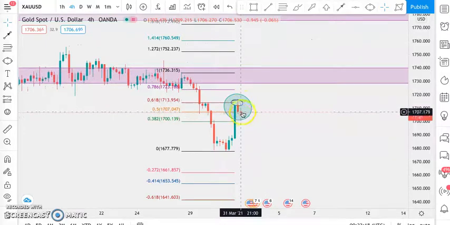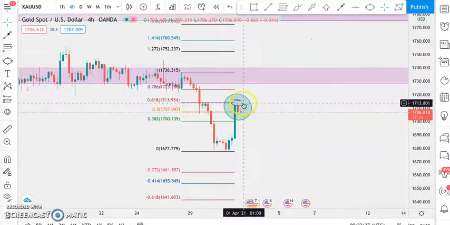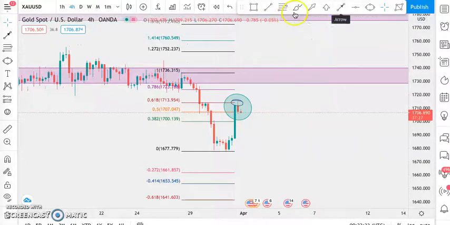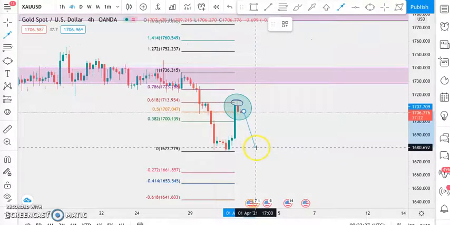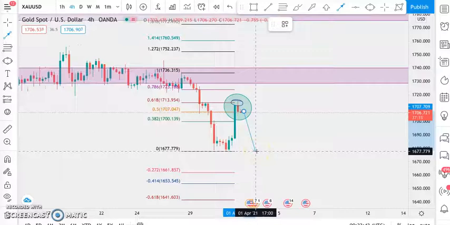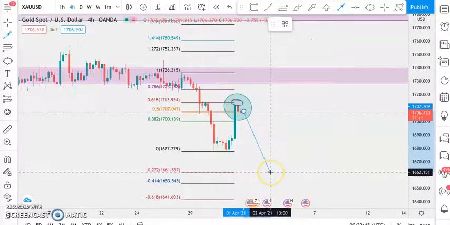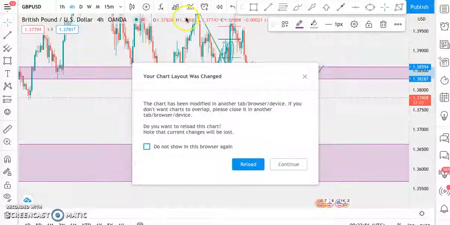But we can see clearly that the last 6 to 7 hours has been quite bearish, so we should be looking for shorting opportunities here and aiming down all the way first to the previous low here, and also possibly to the minus 272 area all the way down here at 1662.